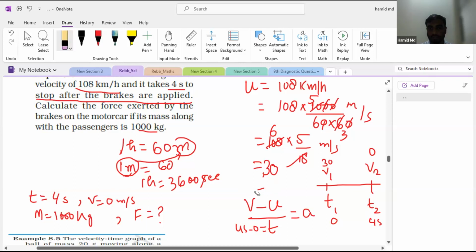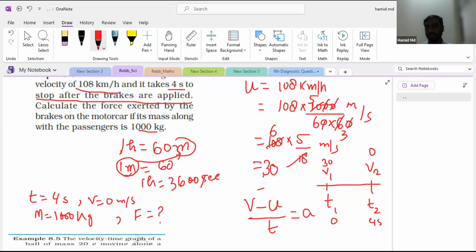So to remove the doubt, I will write it again. This is the final velocity, this is the initial velocity, right? Correspondingly, we have to write the time final minus time initial, right? Yes. The order of time and velocity should be in the same sequence.